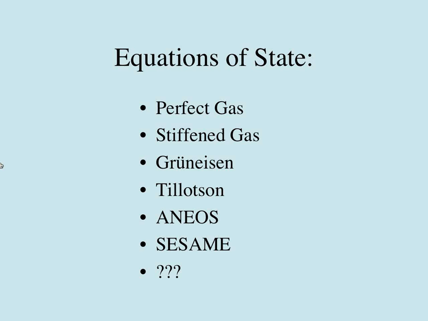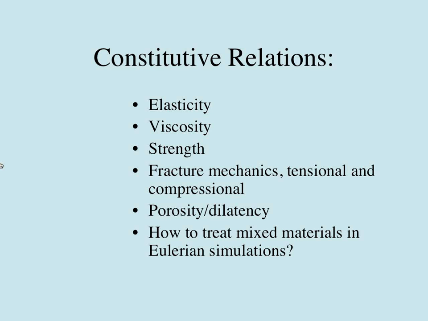And then various Sesame tables are tabular equations of state. ANEOS is an analytical approximation to the equation of state, and so on. There are some modern ones like PANDA that has literally thousands of input parameters that does a very good job describing materials, but there are not many materials for which we have parameter sets.